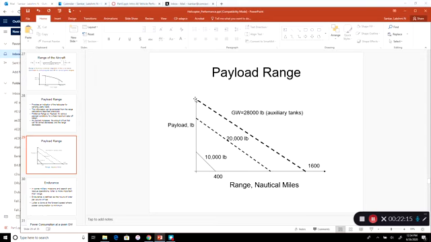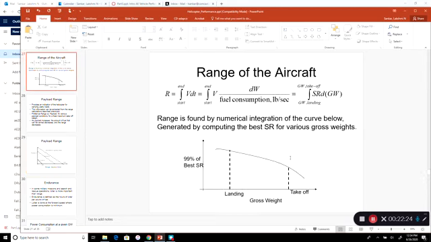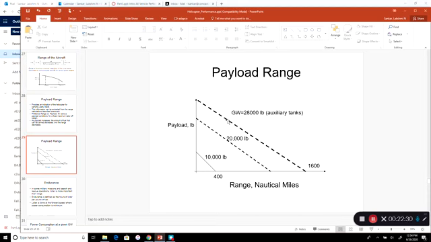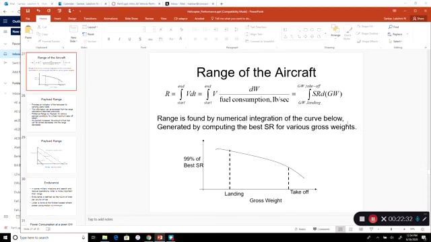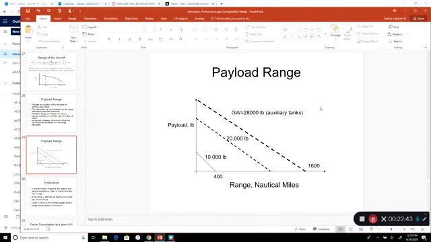Perhaps because you have a lot of payload or you have a lot of fuel. So depending on that combination, we would need to use the amount of fuel, which determines the change in the gross weight, to determine the range. So it's roughly a straight line as we've shown in here. Because of this approximation, this SR is found at the average weight times gross weight at takeoff minus gross weight at landing. So that's how we compute the payload versus range graph.